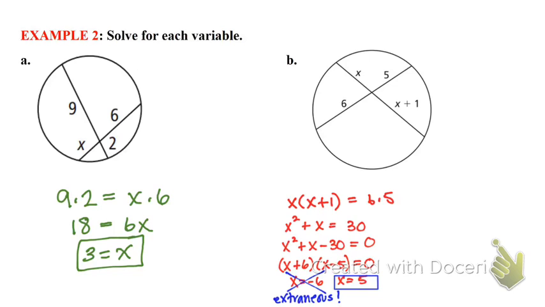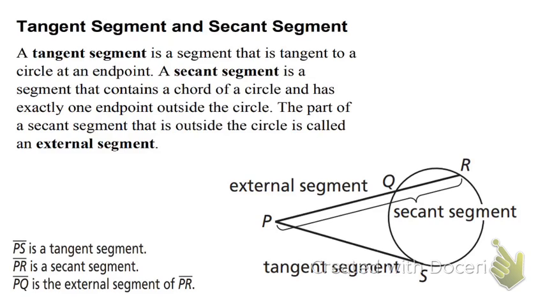So it's an answer that we found legitimately doing the algebra, but it doesn't work for our geometric problem. So we call that an extraneous solution, a solution that's found that just doesn't work in your problem. And so the correct answer is x equals 5. Awesome. Okay. So let's move on.